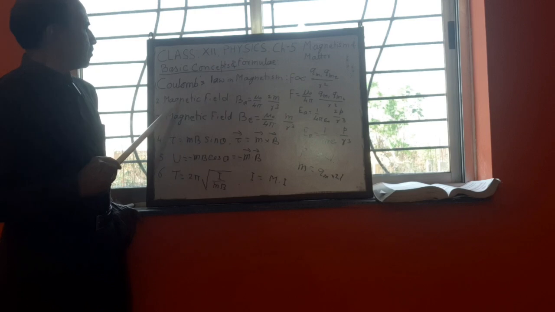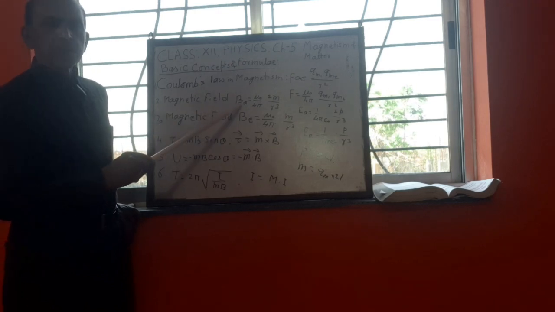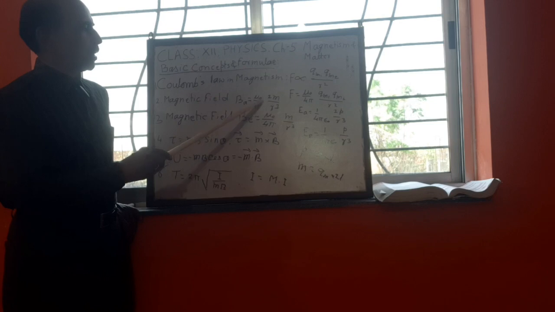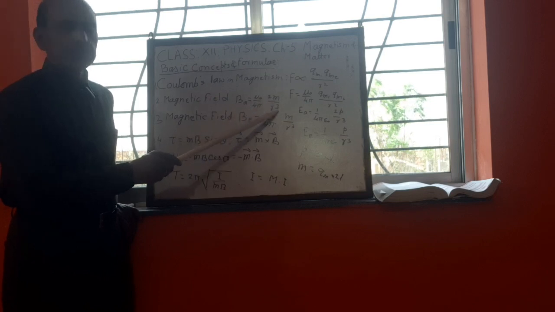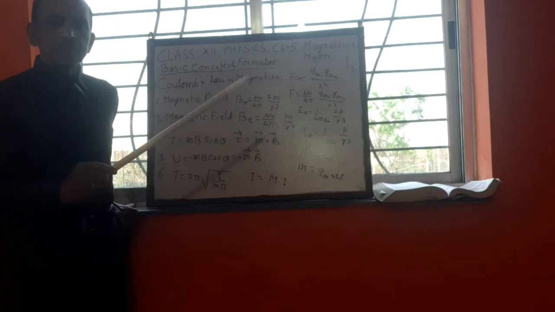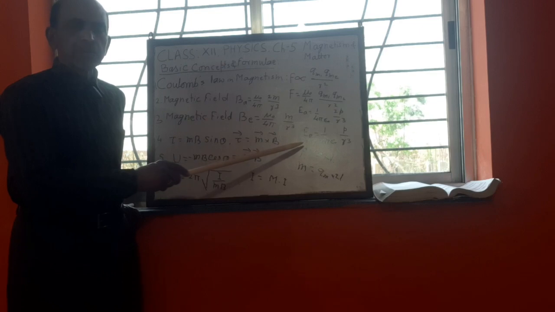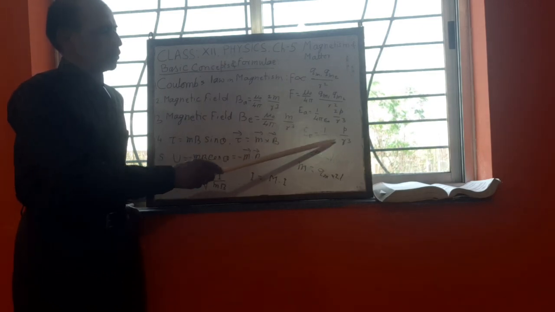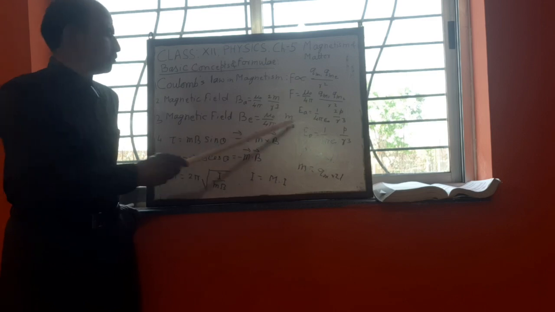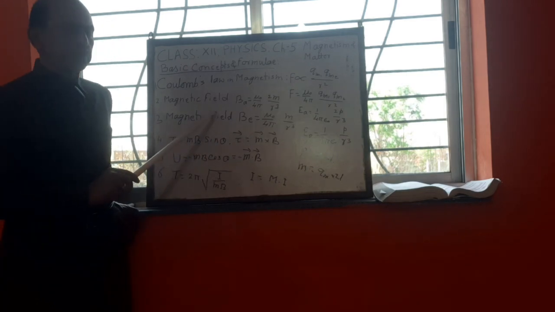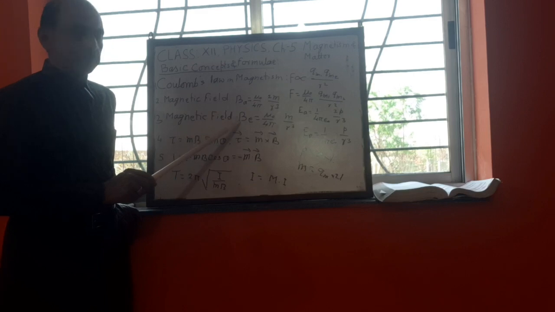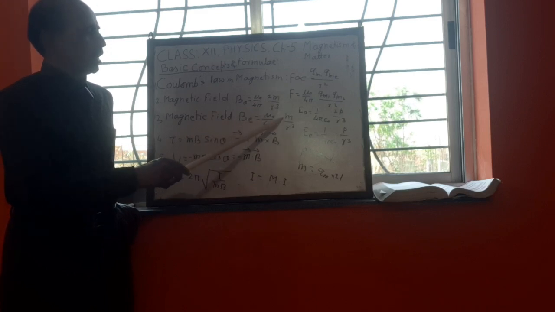The magnetic field at a point on the axial line is equal to mu naught by 4 pi 2M by R cube. Similarly, the electric field at a point on the equatorial line, E, is equal to 1 by 4 pi epsilon naught p by R cube. In the same way, the magnetic field at a point on the equatorial line, BE, is equal to mu naught by 4 pi M by R cube.